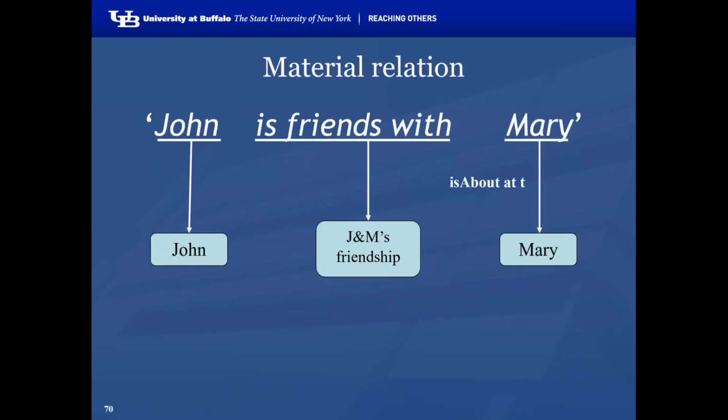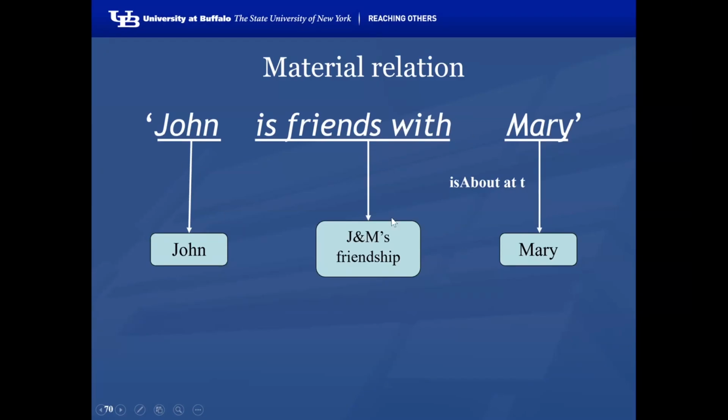So take this example. You have John, you have Mary, and John is friends with Mary. Here are the expressions. You have the sentence here: John is friends with Mary. And you have here the entities, John, John and Mary's friendship, and Mary. The term John is about John.